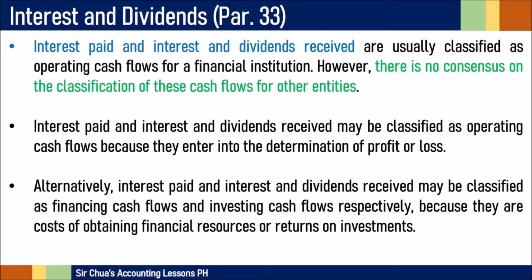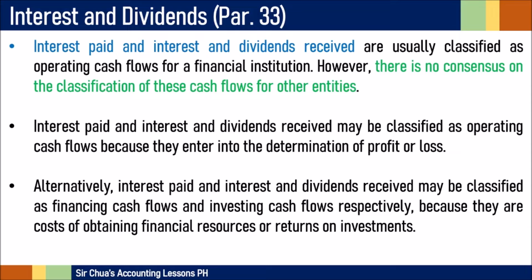So first one is interest paid and interest and dividends received may be classified as operating cash flows because they are presented in PL. And as you know, when you present something in PL, that's actually operating. So if you have interest expense, or you have interest income, or you have dividends that you pay to your shareholders, then you can choose to present it using the operating activity section.